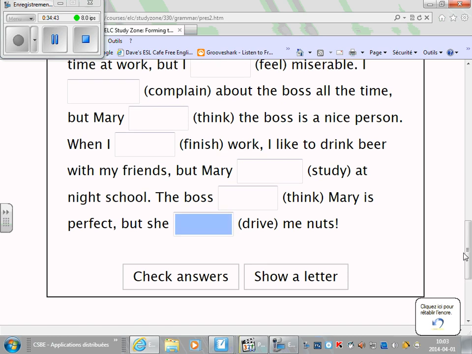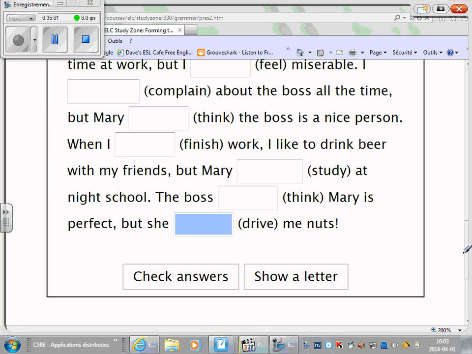Yeah, this one. I, verb to complain about the boss all the time. All the time. What is that? It's another habit, so it's got to be again simple present. So I complain. Why no S? Because the subject is not he, she. Okay, so about the boss all the time.